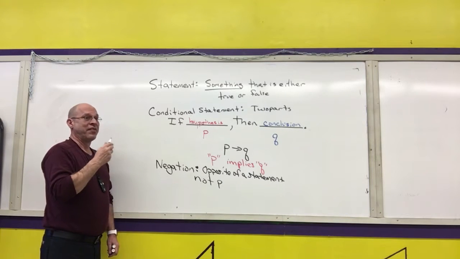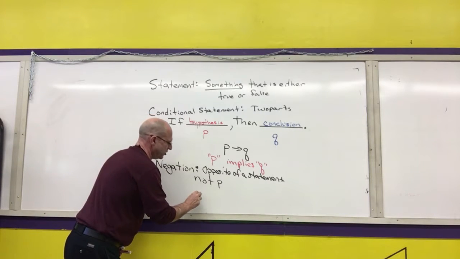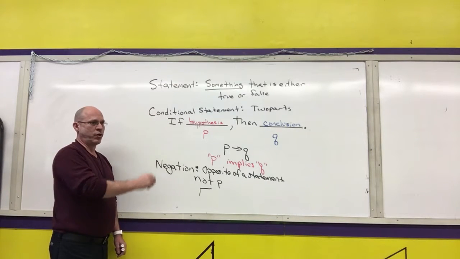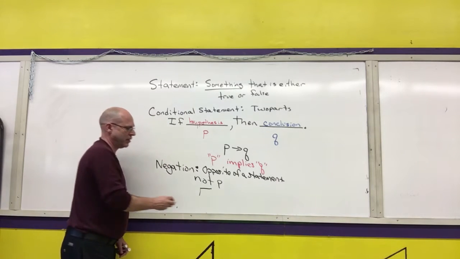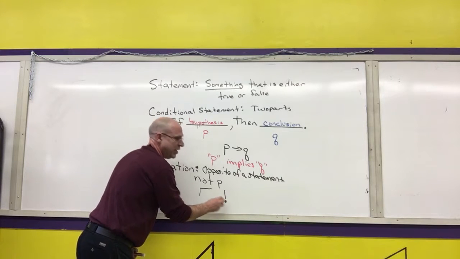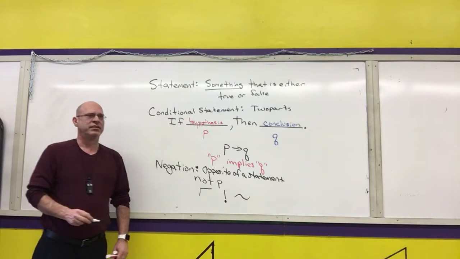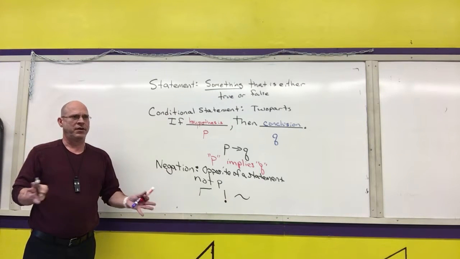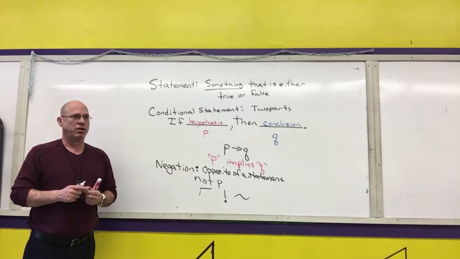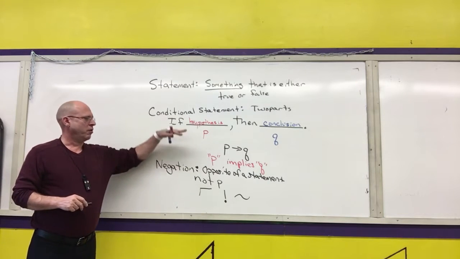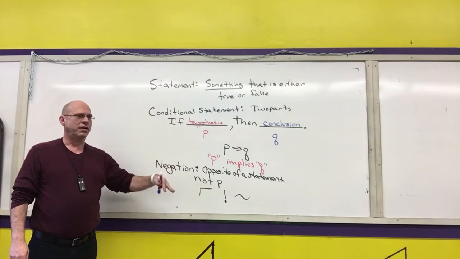Okay, in mathematical symbols, you will either see one of three things. You're either going to see a square bracket looking thing like that, or you can see an exclamation point, or sometimes in some books you will see a tilde. Those three things, depending upon which book you're using, represent the word not. After we get through the definitions, we will work through writing negations of statements.